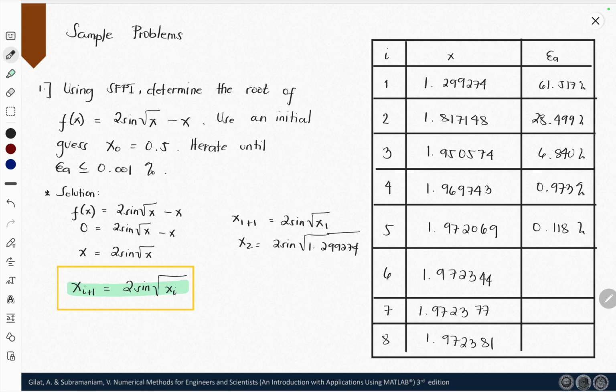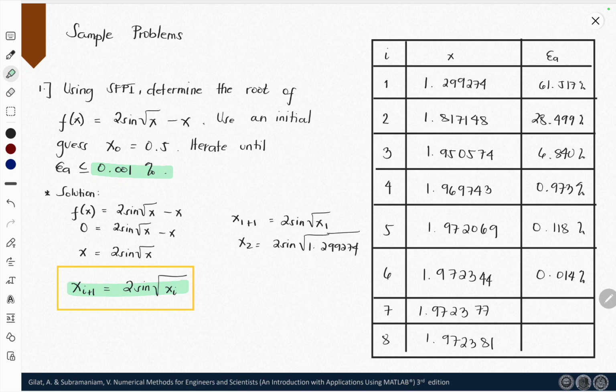Next, 1.972344 minus 1.972069 over 1.972344 times 100. So this is 0.014%. Remember, we will stop the iteration once our approximate error is less than or equal to 0.001%.